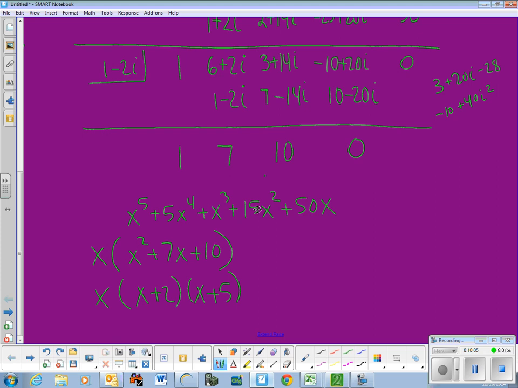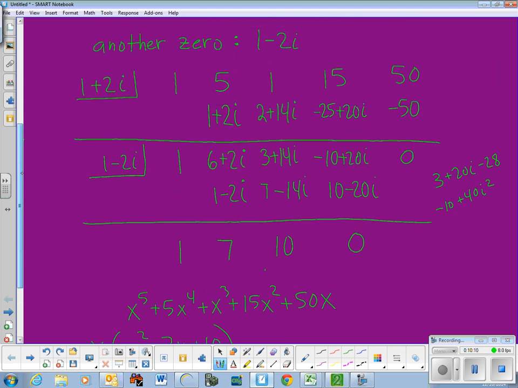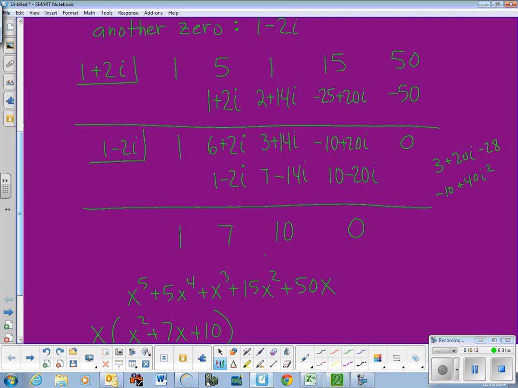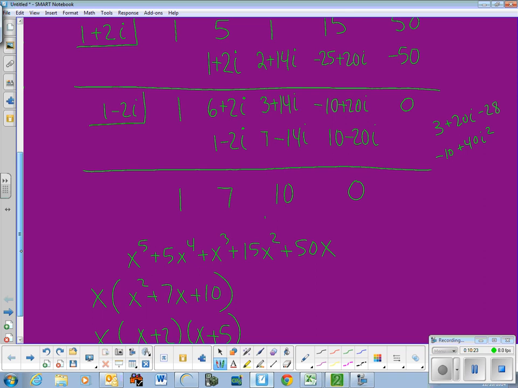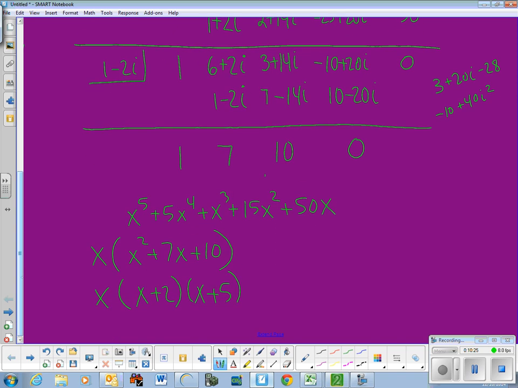Now, I know two zeros, the 1 minus 2i and the 1 plus 2i, but what about factors? If they're complex zeros like this, it doesn't change the fact that x minus those zeros makes a factor, right? If 2 is a 0, then x minus 2 is a factor.